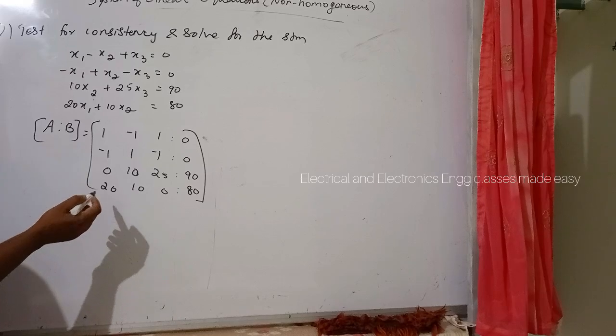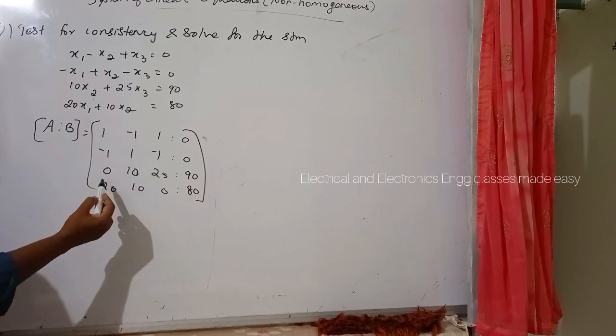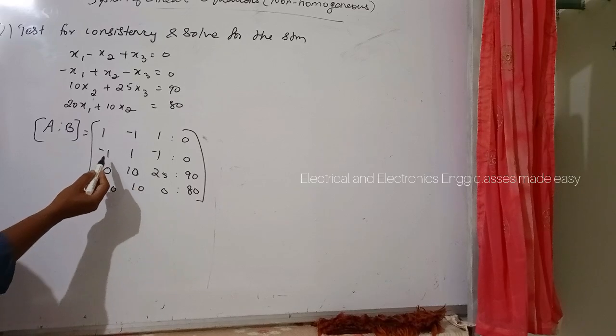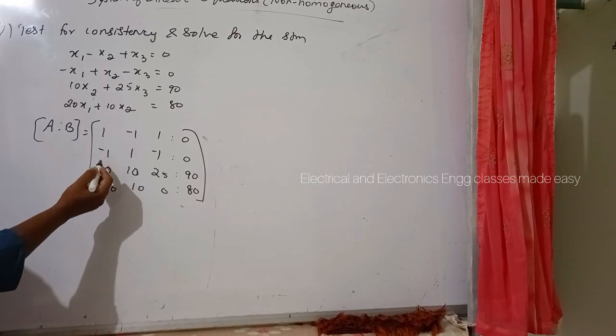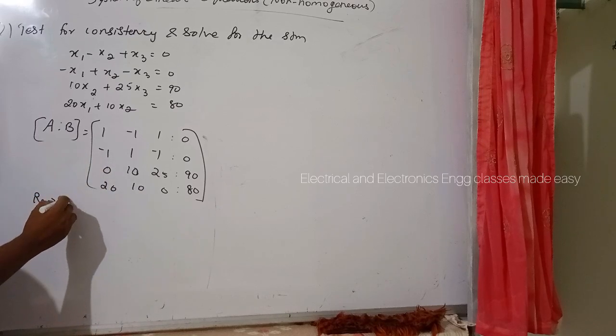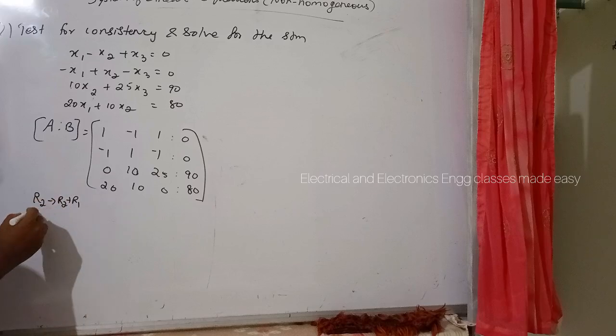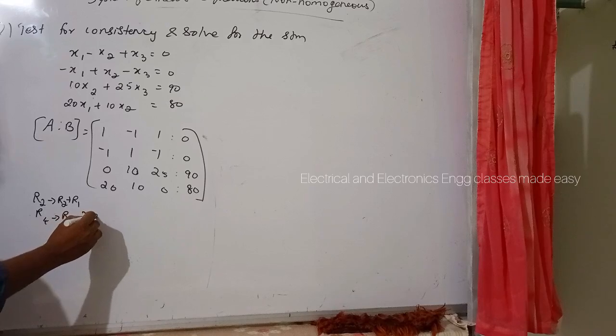Now, we have to make the coefficient matrix upper triangular, that is, we have to make these elements 0. For that let us do the operations R2 implies R2 plus R1, then R4 implies R4 minus 20 R1.